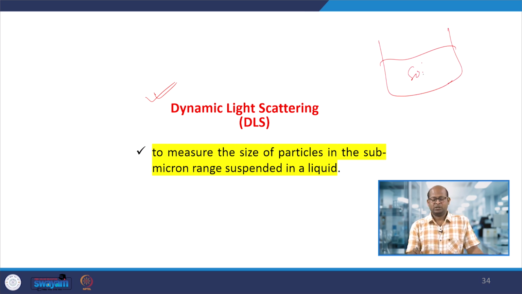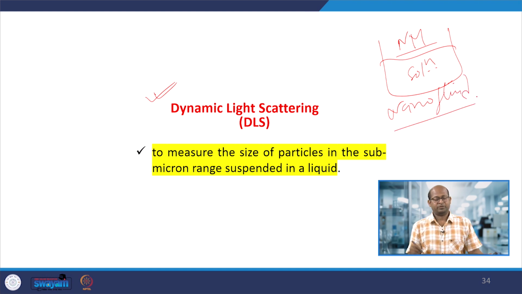In solutions different nanoparticles are present, and with that some surfactants or polymeric materials can also be used to stabilize the nanofluids.